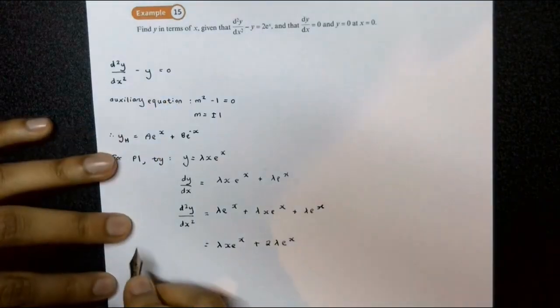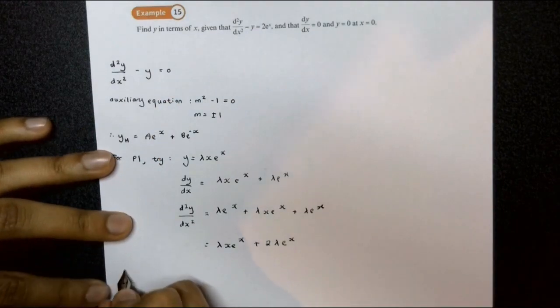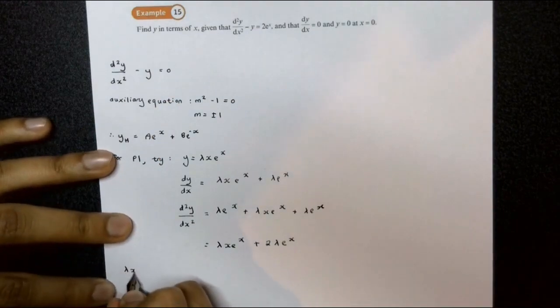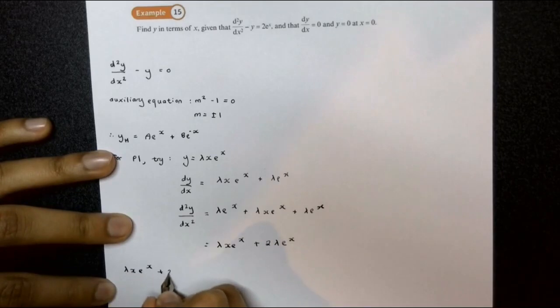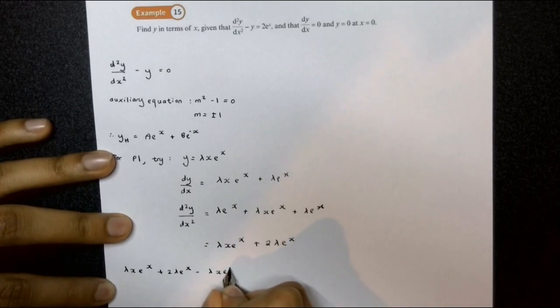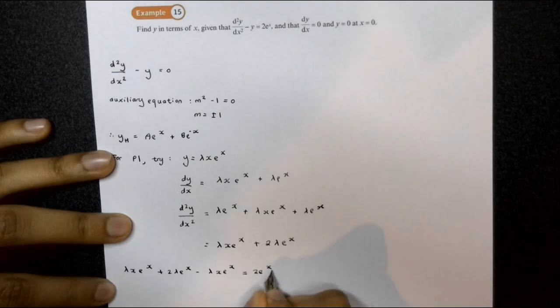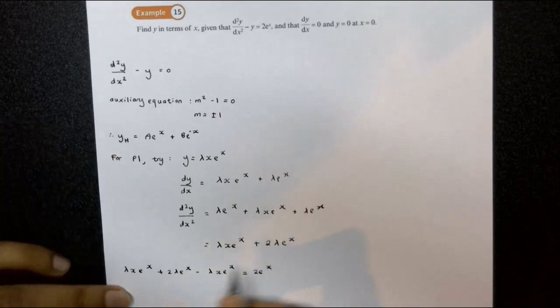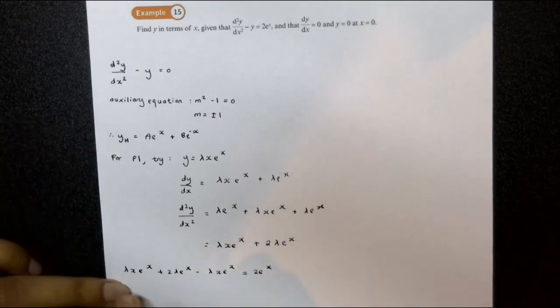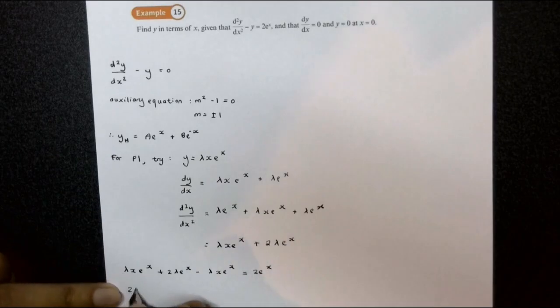So therefore, we've got lambda x e to the x plus 2 lambda e to the x minus lambda x e to the x. This is equal to 2e to the x. So therefore, hopefully here you can see we've got 2 lambda e to the x equaling 2 e to the x.